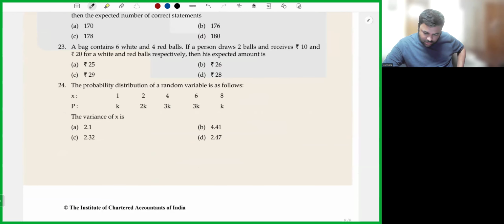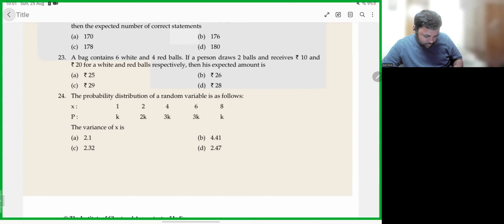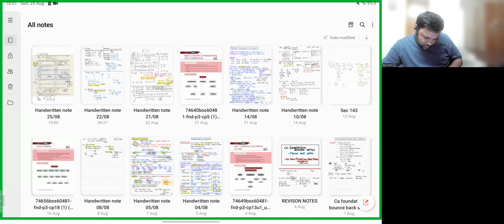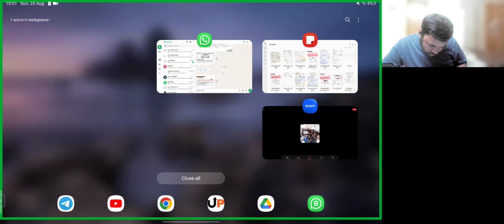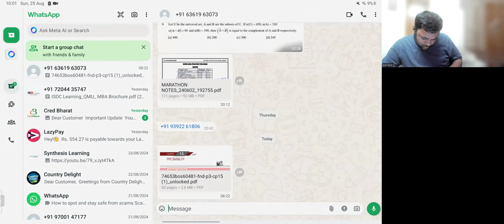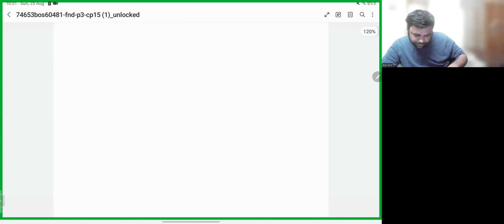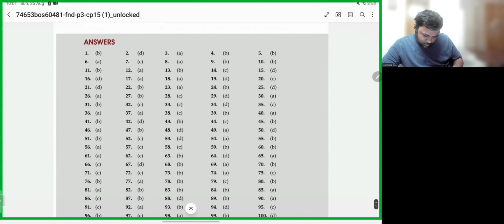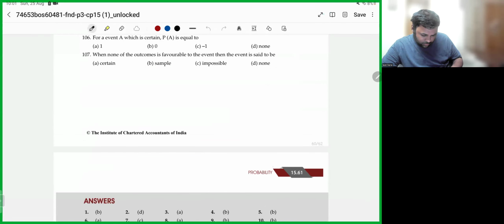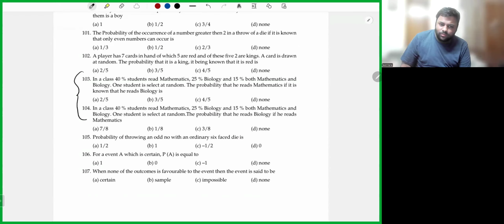See here, I want to solve one more conditional probability sum. See here, my dear friends, these two questions, 103 and 104, they are also based on conditional probability.